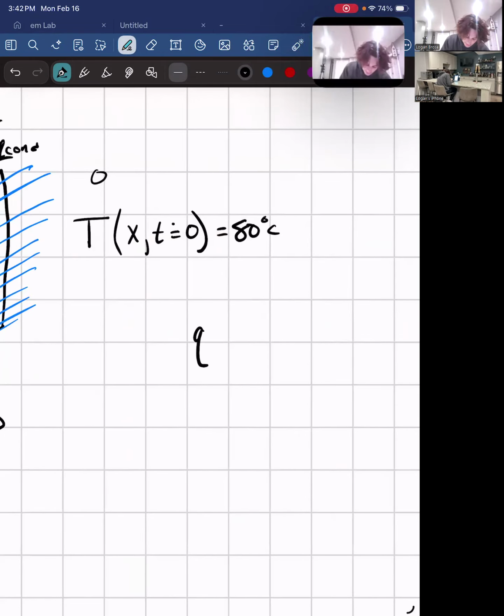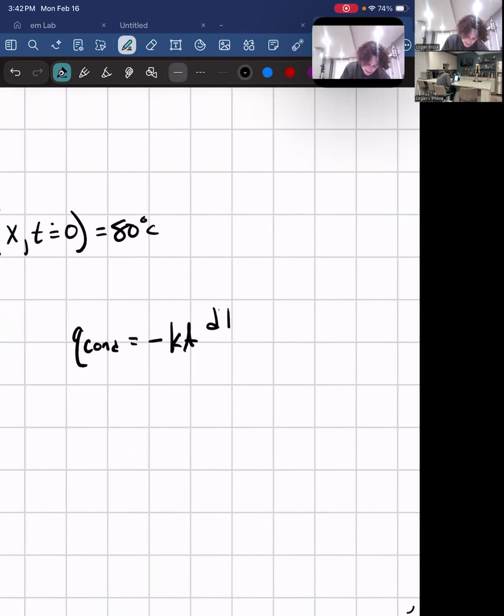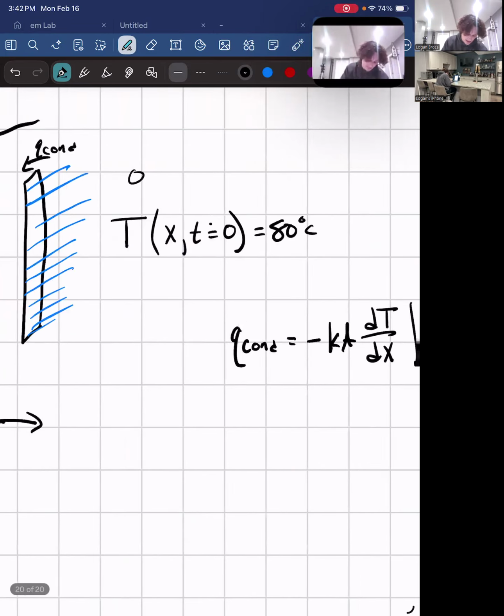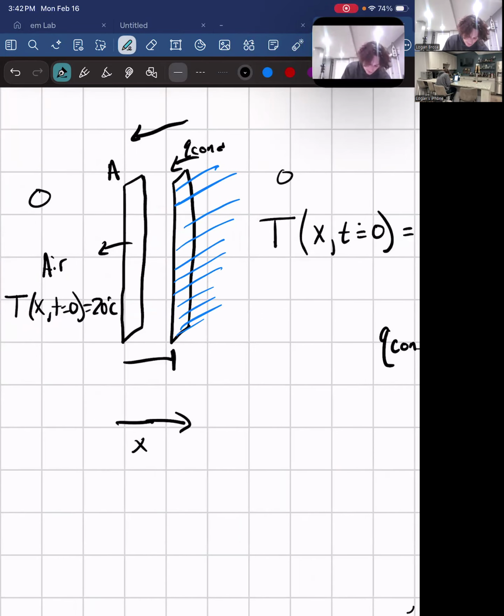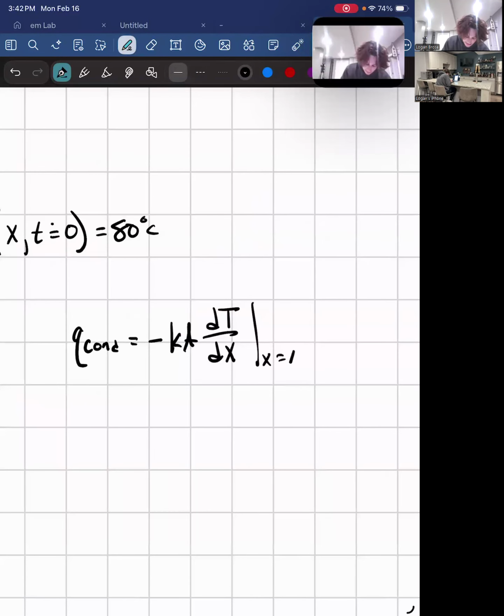So first we want to look at conduction, right? So Q conduction, we know that this is going to be Fourier's law, right? So minus kA dT/dx. And right now we are going to evaluate from 0 to L, right? So we know this is evaluated at x equals L, right?